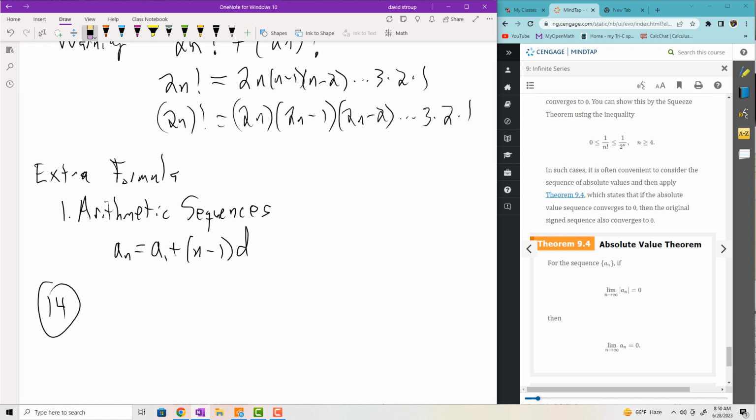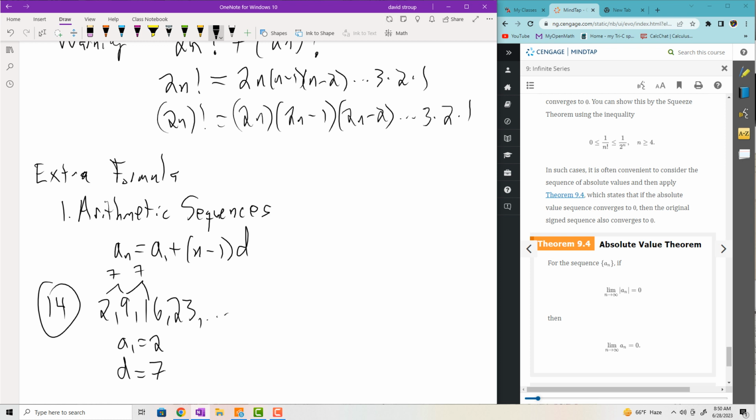let's write out the sequence first. You have the sequence 2, 9, 16, 23, dot, dot, dot. So a sub 1, the first term, is 2. And the d value, the difference between two consecutive values, looks like it's always 7.